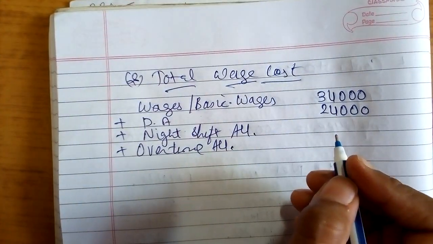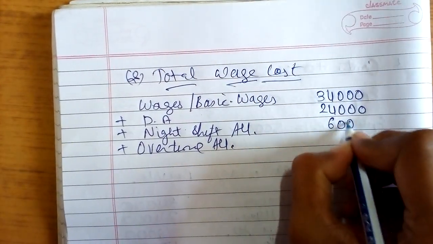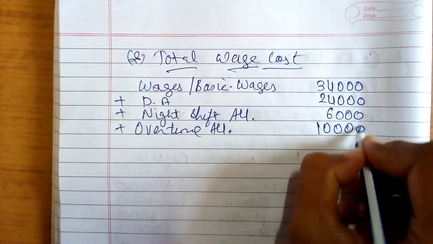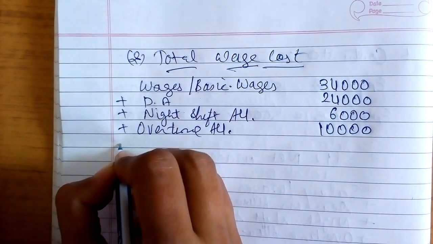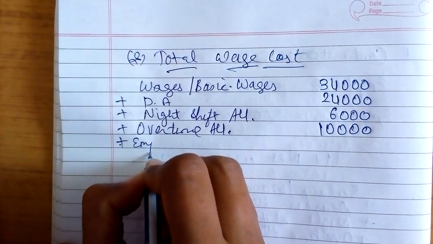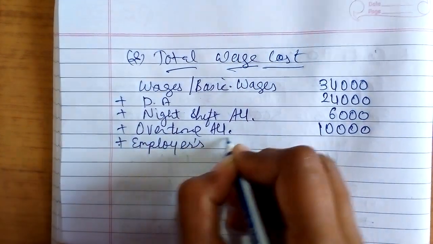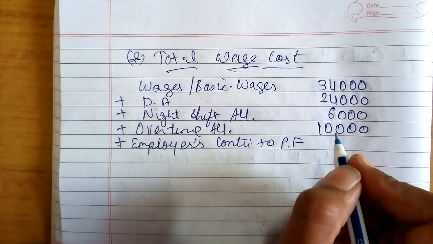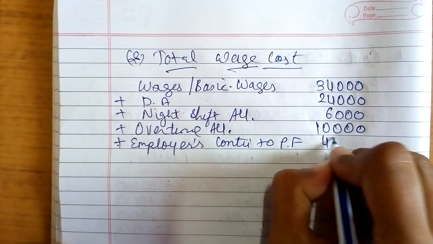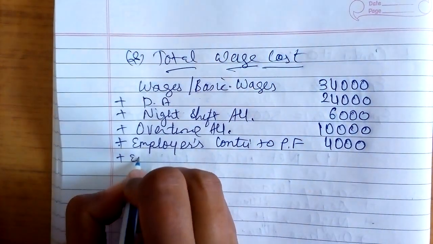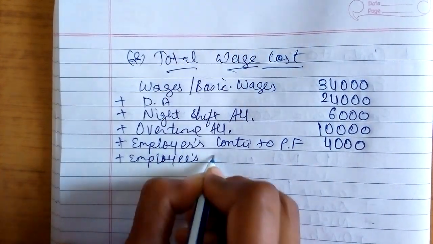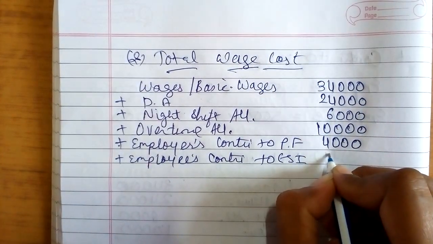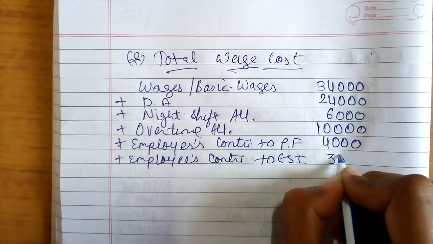So night shift allowance is 6,000, overtime allowance 10,000, then employer's contribution to PF, it is 4,000, that we did in working note. Employees contribution to ESI, Employees State Insurance Scheme 3,000.